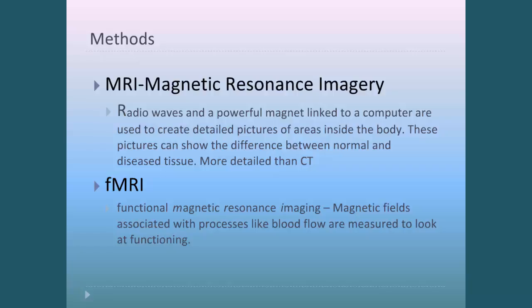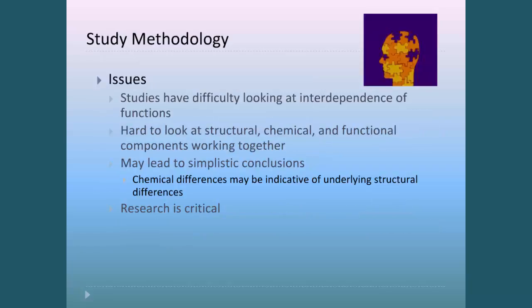So it gives you a more detailed picture than a CT scan. fMRI, functional magnetic resonance imagery, uses magnetic fields associated with processes like blood flow, and it's really used to look at functioning.